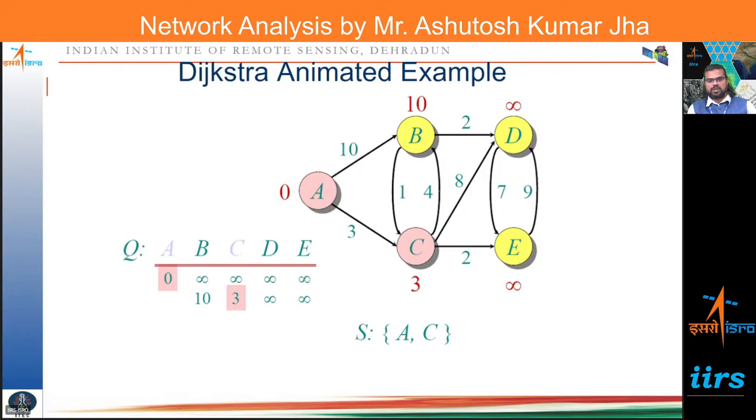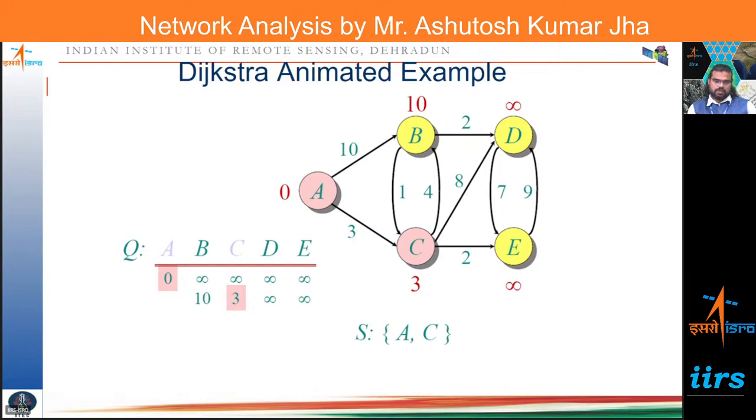In this case, A and C are one segment of the network and B, D, E are another segment. We'd like to find out, from each of these reached nodes, which of them is connected to another unconnected node with the least amount of resistance.